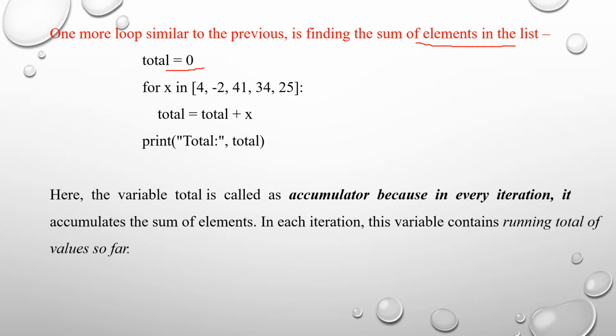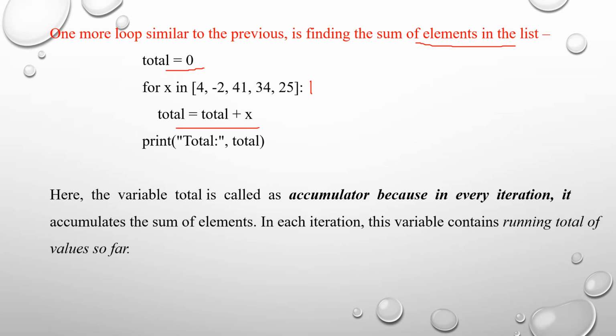After that we declare total is equal to total plus x. This is the increment and updation statement, and this is the computation. After this we declare one print statement, which is going to print the total value.